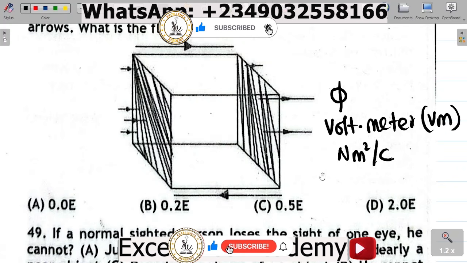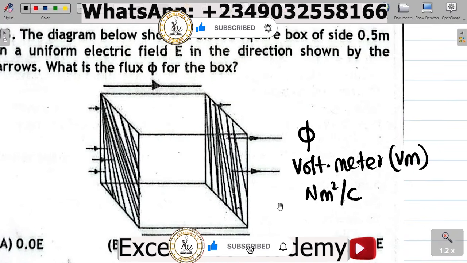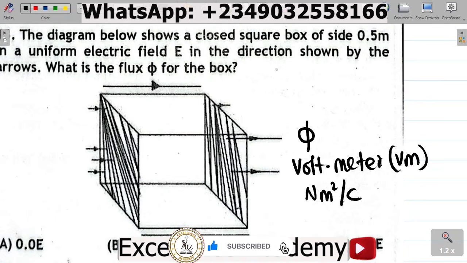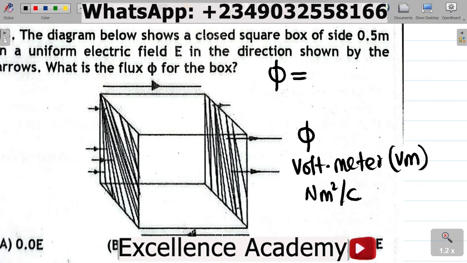Now, how do we solve this question? You want to note that for electric flux, the symbol is phi, spelled P-H-I, and the formula is phi is equal to E A cos theta. What's the value of E there?